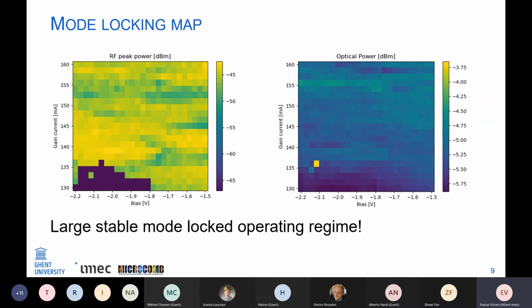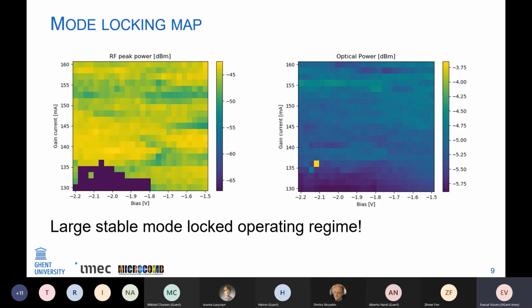So then I tried to look for regions in which I actually found mode locking by taking the output signal of the laser and shining this onto an RF photodiode and seeing whether I saw beat notes on an electrical spectrum analyzer. And you can see on the left that there's a very large region where we get an RF beat note at the frequency that we expected, around 15 gigahertz.